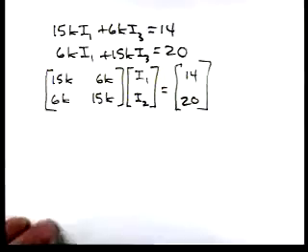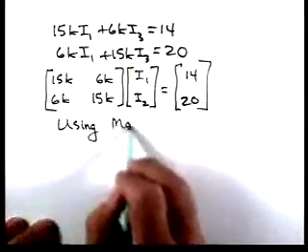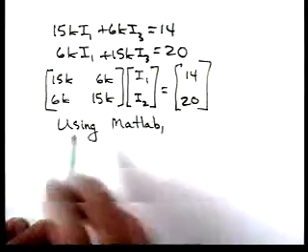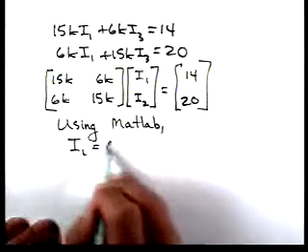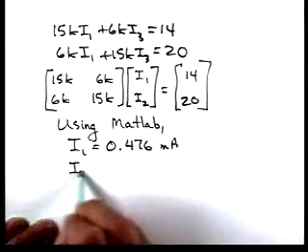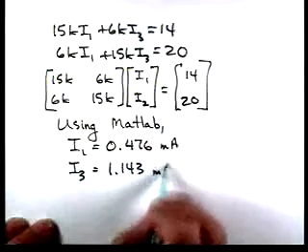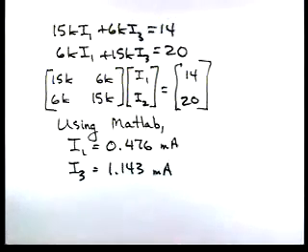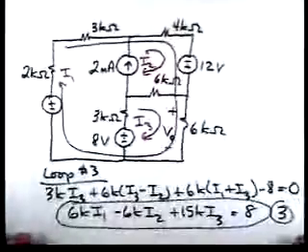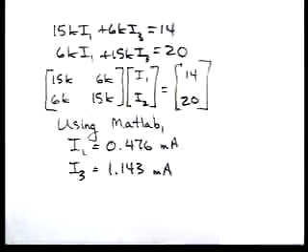Okay. So now if we enter this into MATLAB and solve, we'll get I1 is equal to 0.476 milliamps. I3 is equal to 1.143 milliamps. And if we look back at our circuit, we can see that V0 is 6K times I1 plus I3.